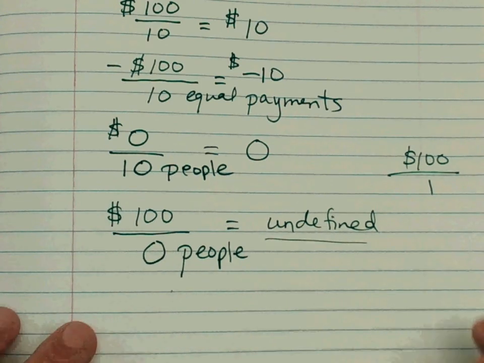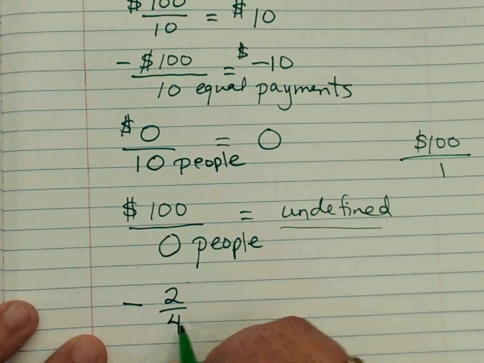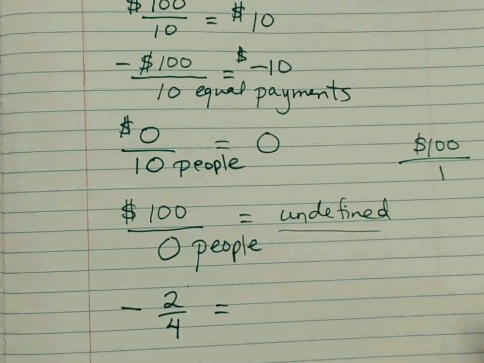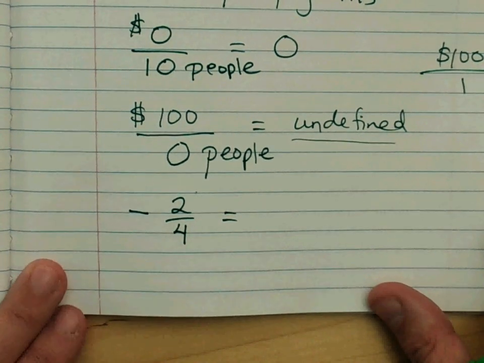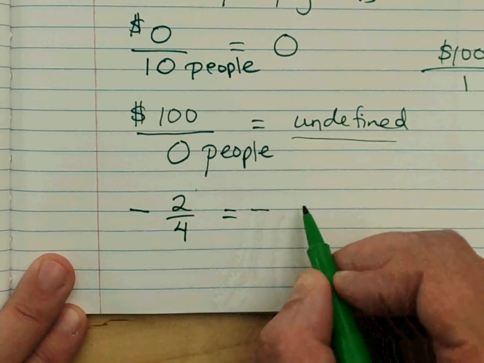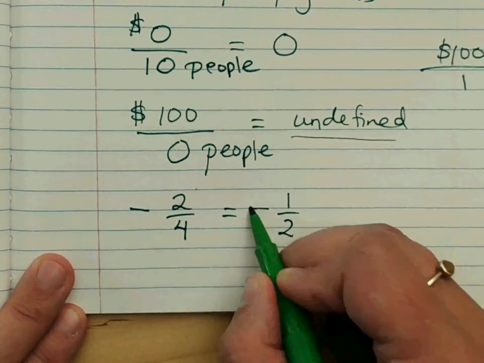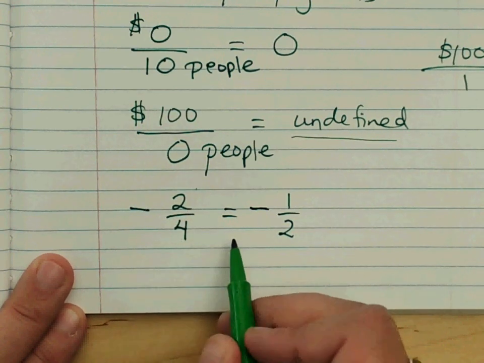Now when it comes to a fraction, let's say I have the fraction negative 2/4. Can we reduce that fraction negative 2/4? What does it reduce down to? It would reduce to negative 1/2, right? 2 goes into both numbers, so 2/4 reduces to 1/2.